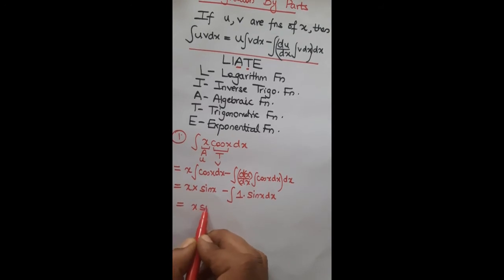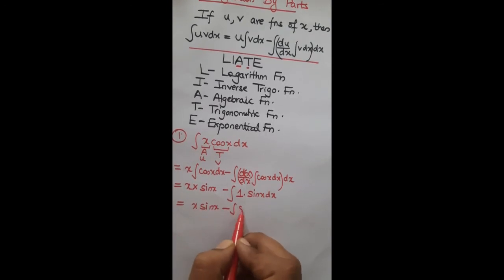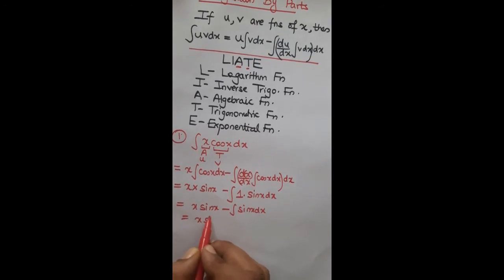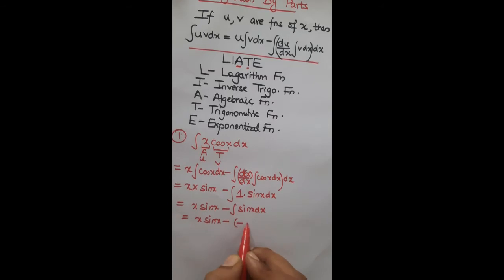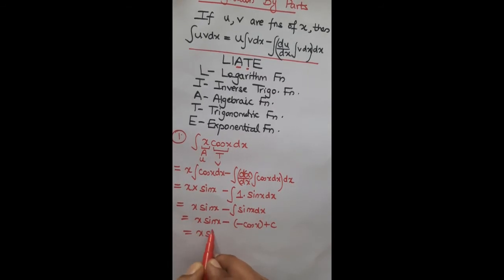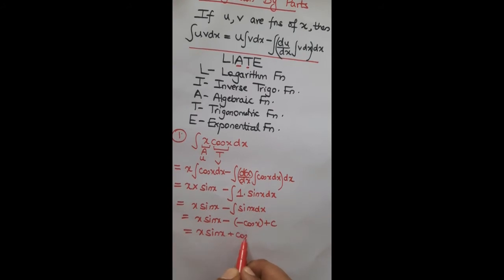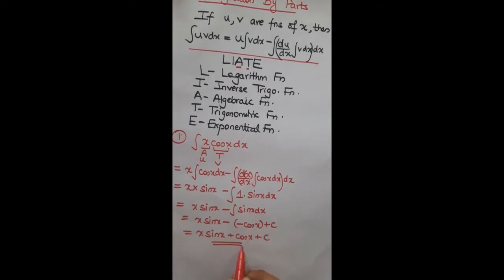So this is x sin x minus integration of sin x, which is x sin x minus (minus cos x) plus a constant. So its answer is x sin x plus cos x plus a constant c.